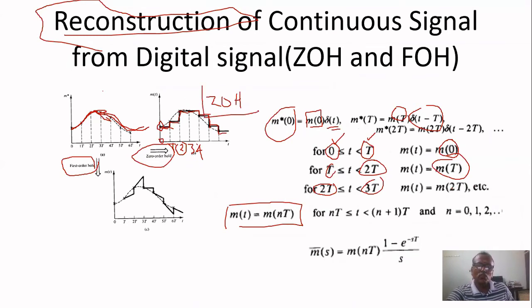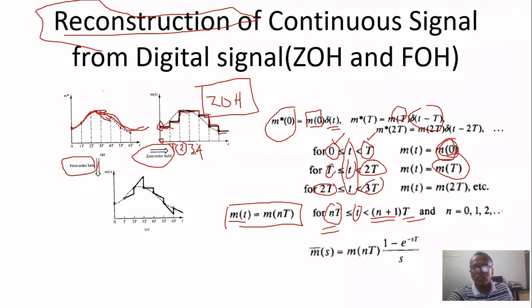Zero order hold output can be written as m of t equal to m of n tau, where t lies between n tau and (n plus 1) tau. Here it is between 0 and tau, here between tau and 2 tau. When t is between 0 and tau, its value is m of 0.